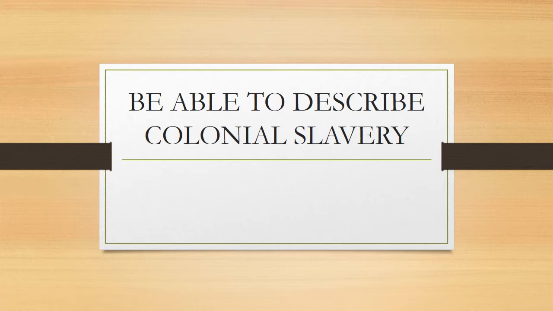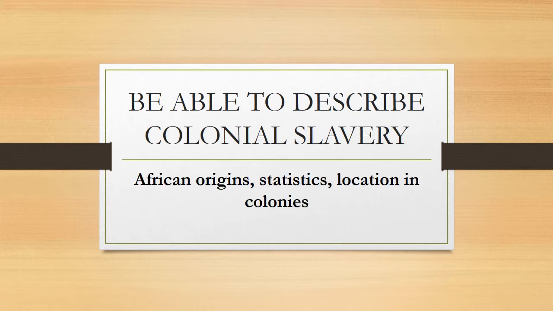So you do want to be able to describe colonial slavery, looking in particular at the African origins, some of the statistics, for example, how many were brought to the Americas, what was the death rate for those on the ships on their way over from Africa, where specifically would you find more slaves concentrated in the colonies. These are some of the important parts of colonial slavery that you will want to be looking at as you prepare for the exam.